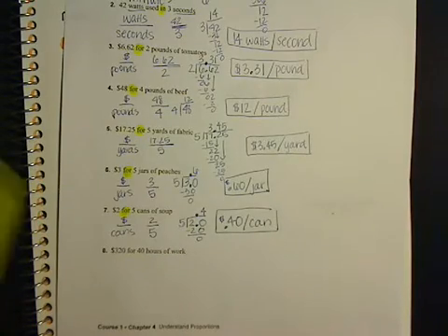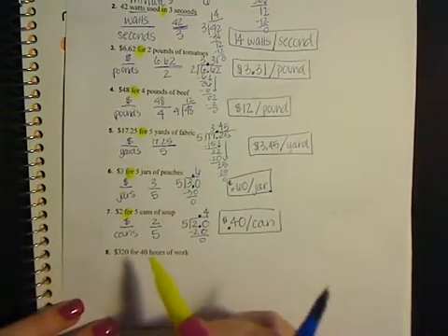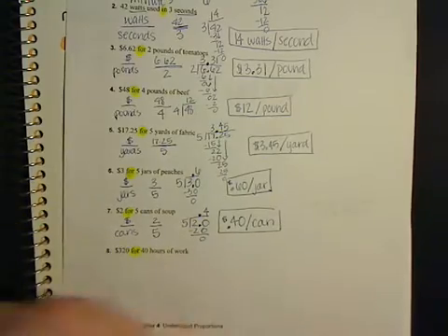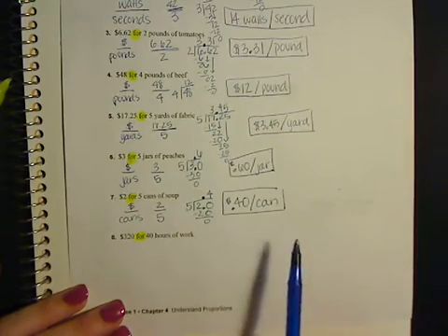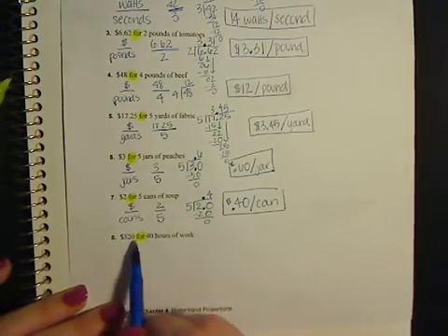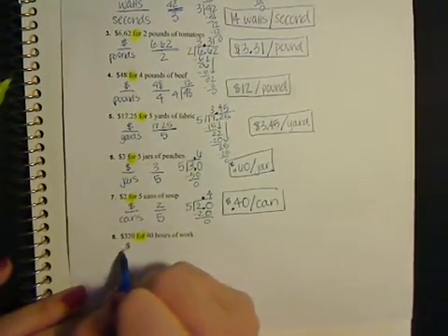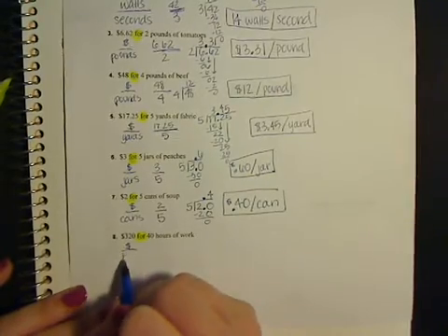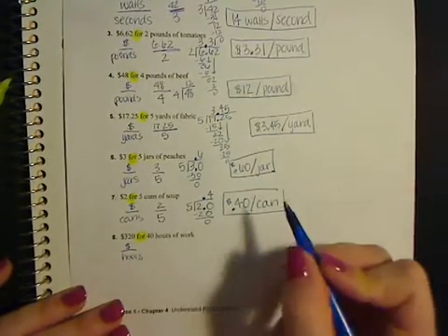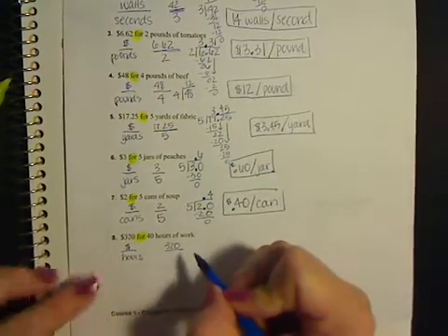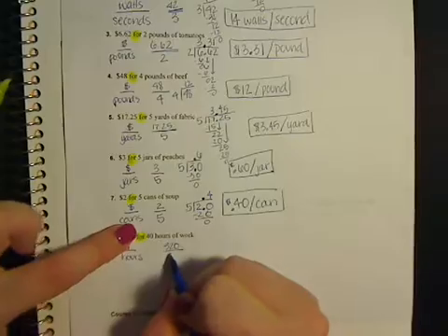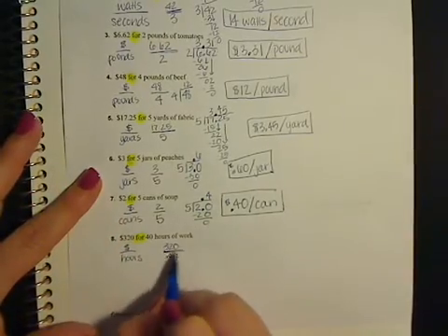And last but not least, number 8, $320 for 40 hours of work. Okay. $320 for 40 hours of work. So 320 over hours is 40. We're going to divide.